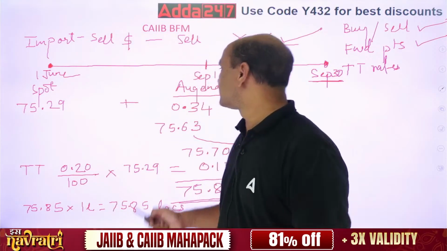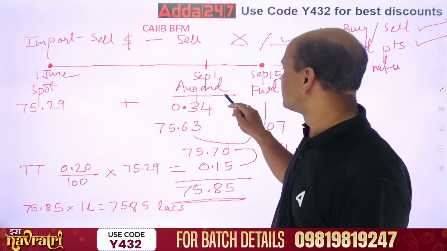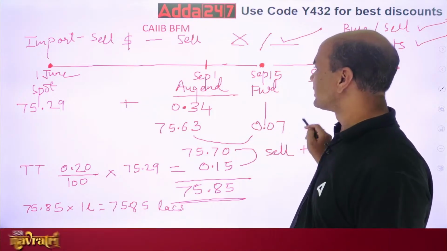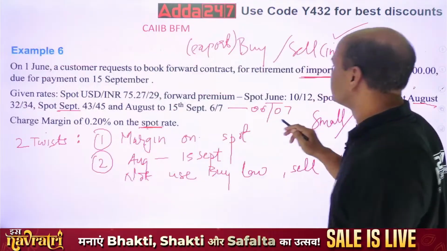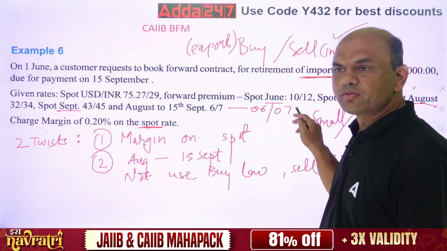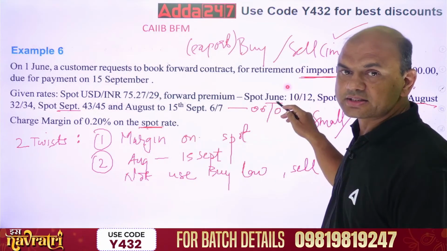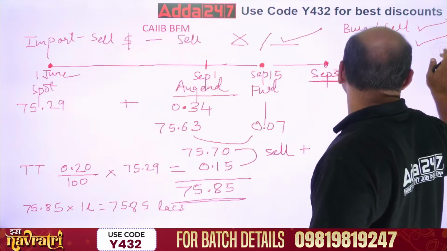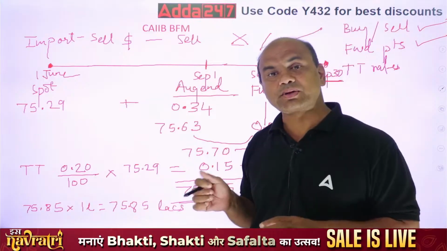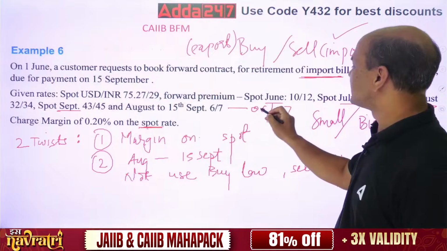Okay. Now there is the twist which I told you. The twist is they have given the rate from August end to September 15th. So this is given to you. So this is 0.07, right? 0607. Say this 67. So take this 7. Why? Because we are always focusing on this sell side, import. So do it 0.07. Now what will I do for this 0.07? Add or subtract? Again look at it. Is the currency in premium or discount? Say this 67.